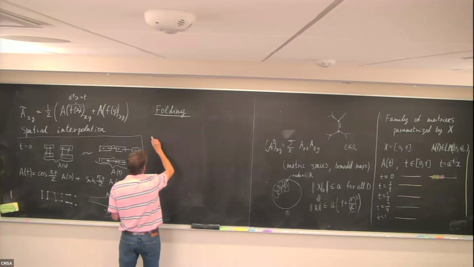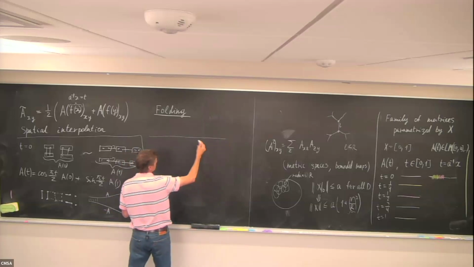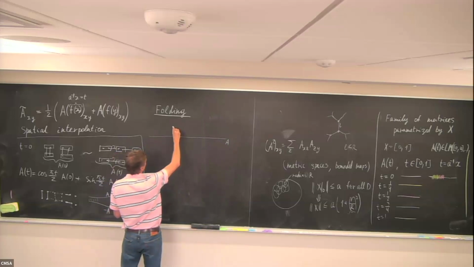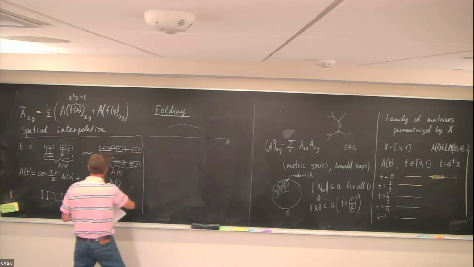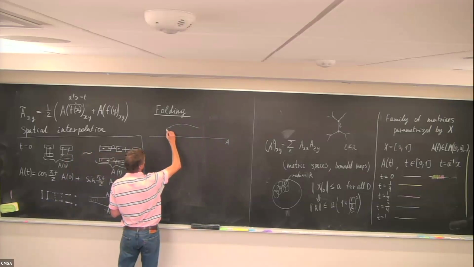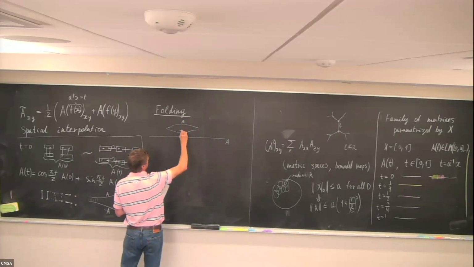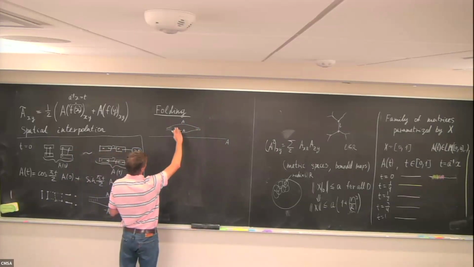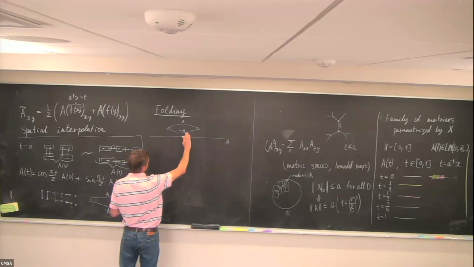So let's consider a one-dimensional matrix A. And let's use this trick to produce a copy of A minus A glued at the ends. Now, we can glue this thing in the middle.